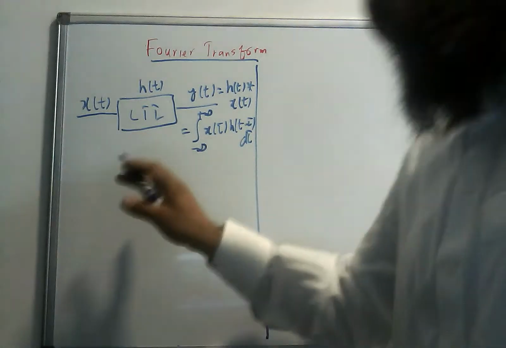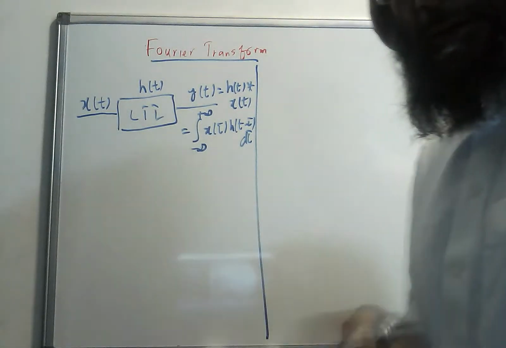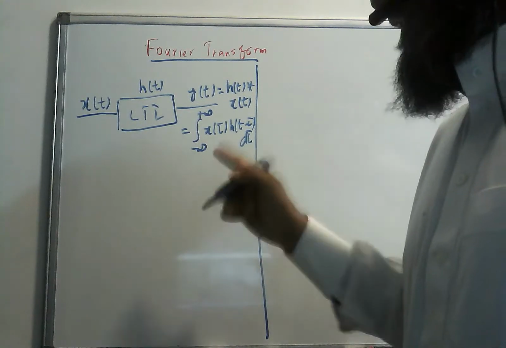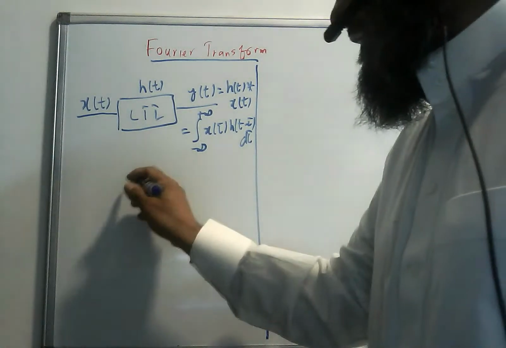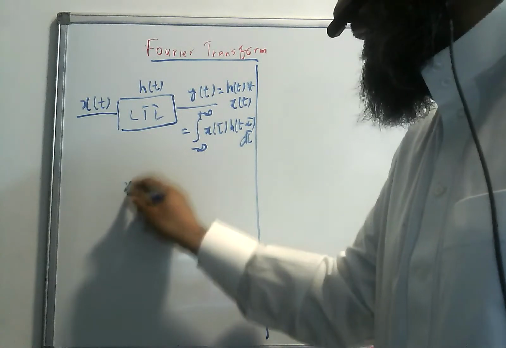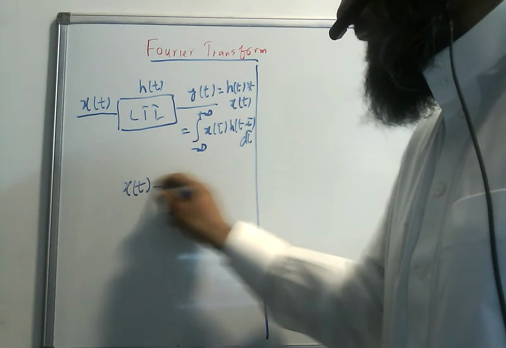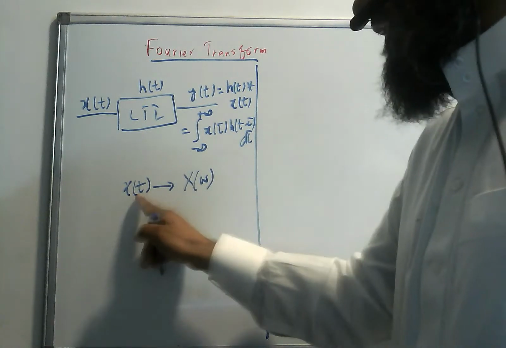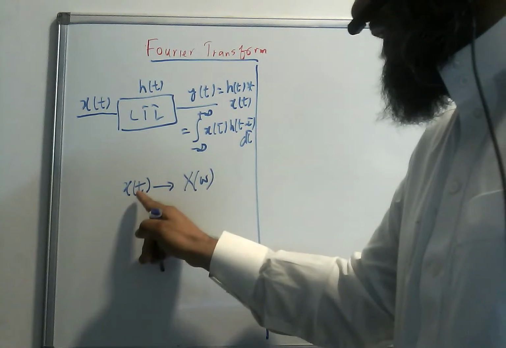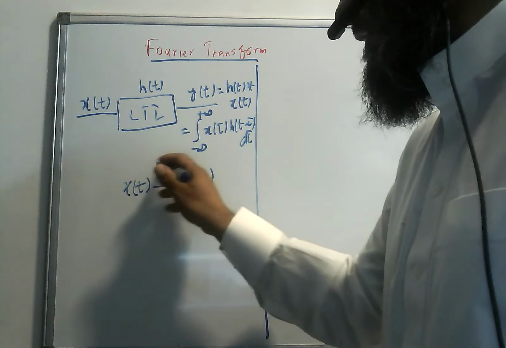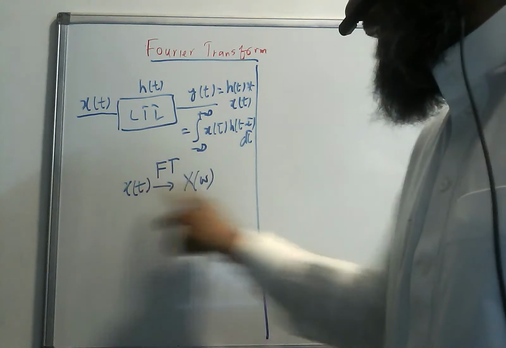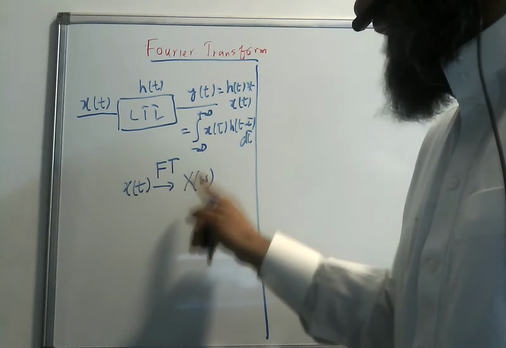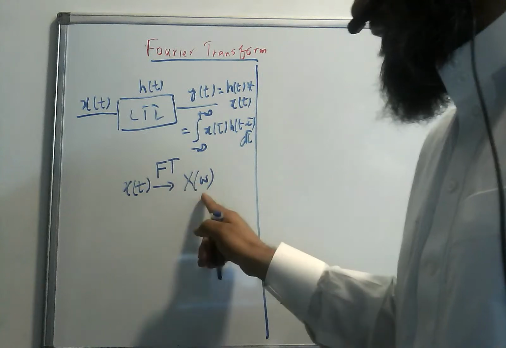Now, here we are doing everything in the time domain. In the Fourier analysis, what we do is we transform the time domain to the frequency domain. So I have x of t, and when I apply the Fourier transform, I get the frequency domain. So for every function, there is a time domain and the frequency domain.